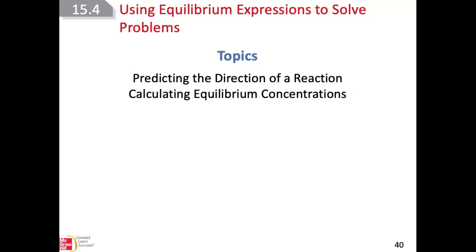If Qc is different than Kc, we have to predict which direction, left or right, the reaction has to proceed to reach the equilibrium. Should it go to the right to make more product, and then the equilibrium will be established, or will the reaction proceed to the left back to form the reactants, and then establish the equilibrium?